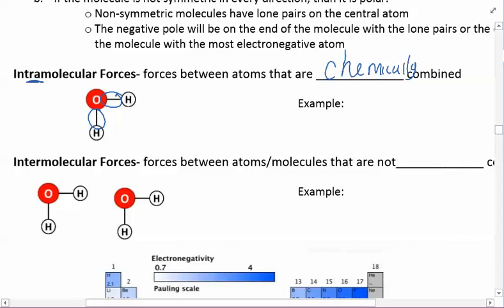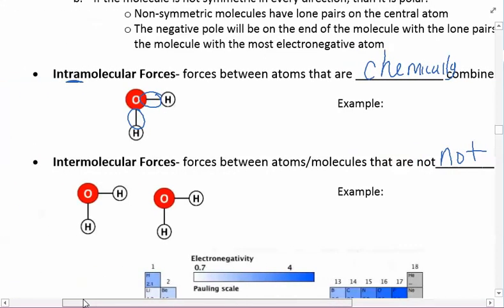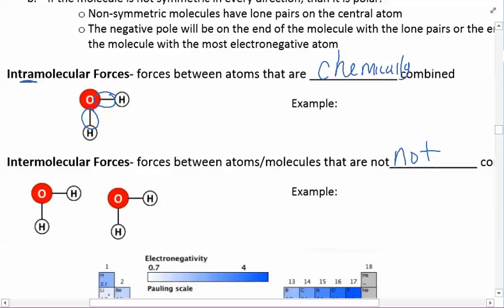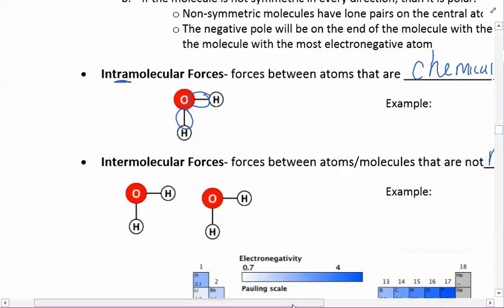Intermolecular forces are forces between atoms and molecules that are not chemically combined. So look, I have an example here of 2 water molecules. We just went through talking about partial charges, how oxygen has a partial negative and hydrogen has a partial positive charge.